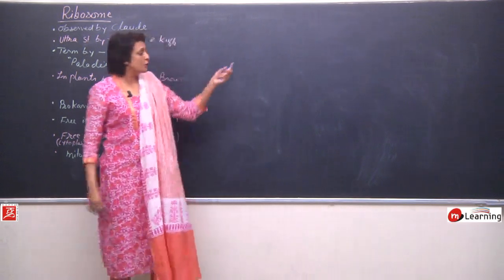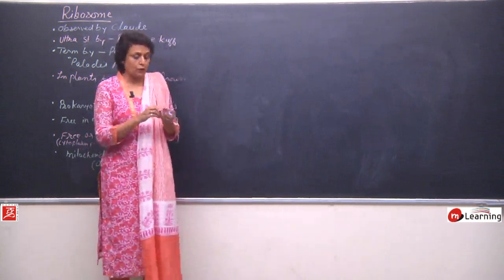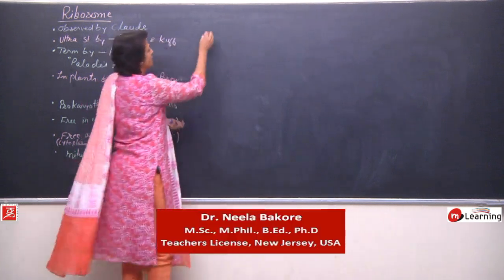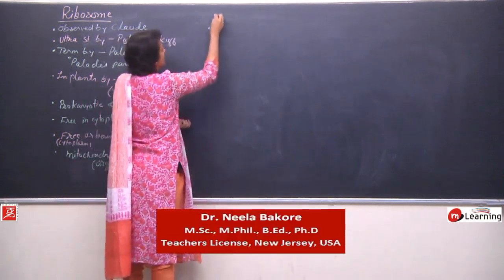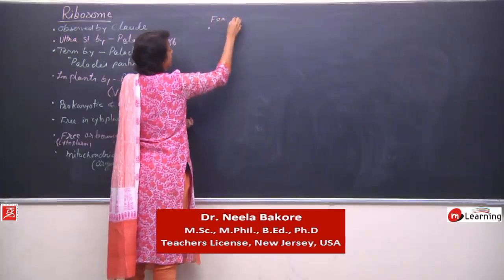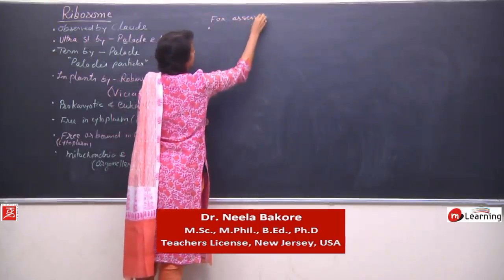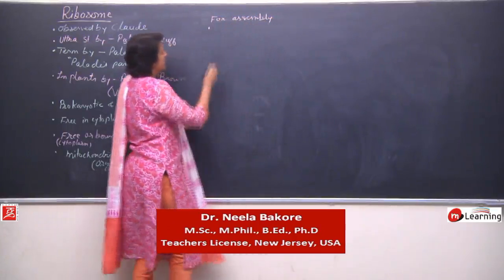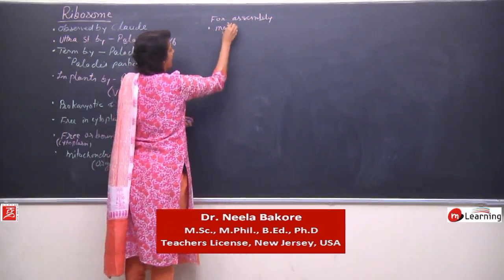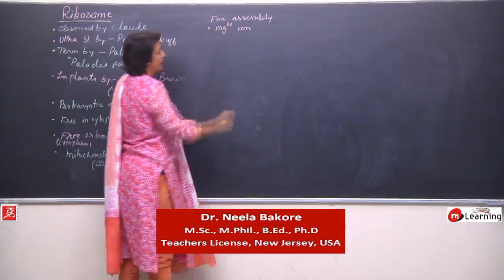So how are those two subunits going to combine to form the ribosome? The condition required for assembly is magnesium ion concentration.